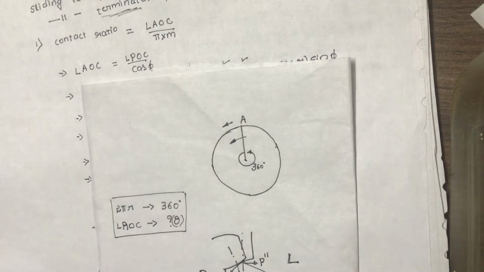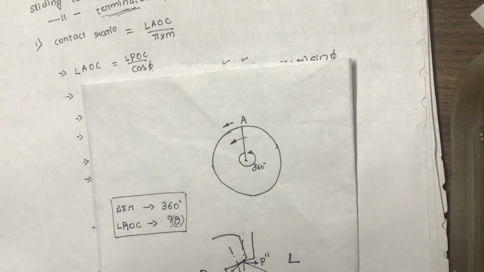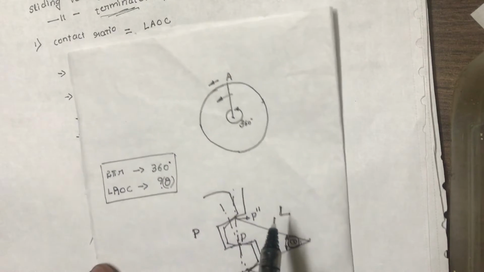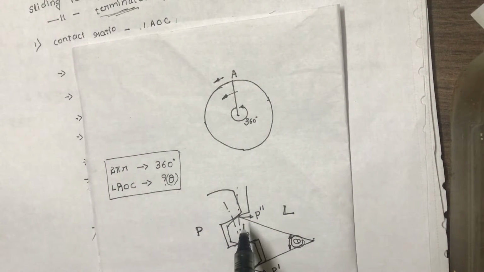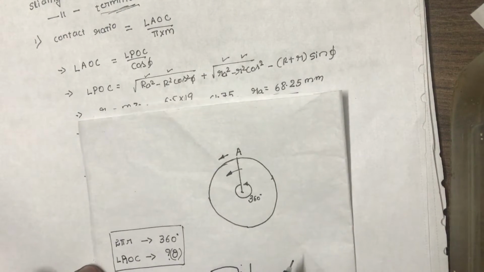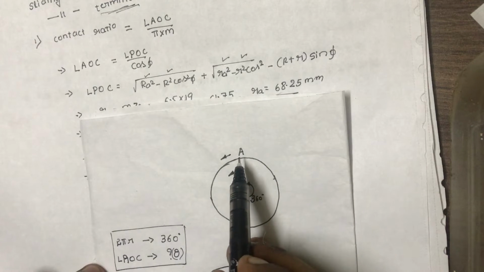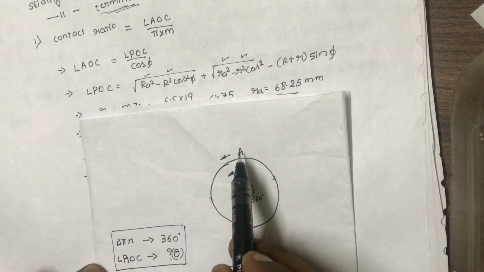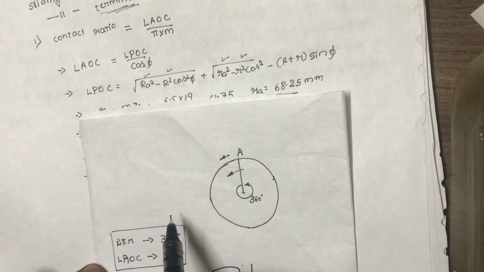So what is the formula to find this? Sorry, not the length of arc of contact. For this length, what would be the angle? That is the question, correct? For this length of arc of contact, what would be the angle, theta? For that, let me consider a point A on the circle.